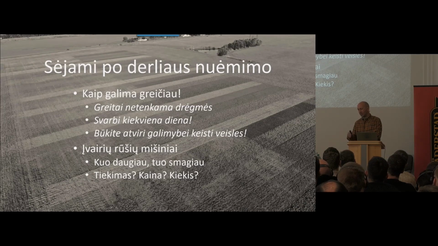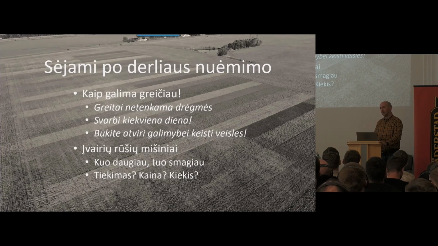Easier for us has been seeding after harvest. And we go as soon as possible because we want to keep the moisture, and the moisture helps us to germinate the seeds. So every day counts, and you have to be open to changing your varieties.